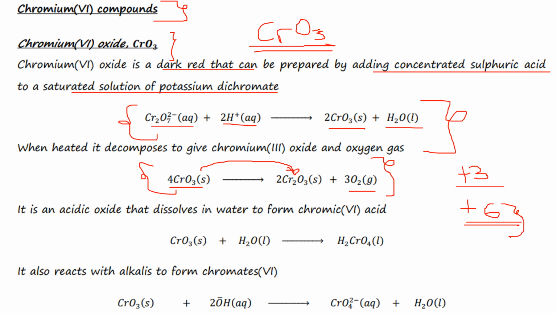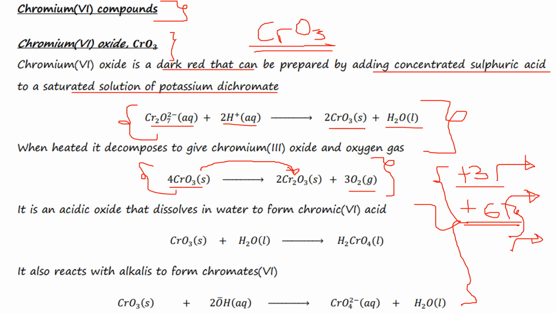So as a student, you must know which oxide of chromium is acidic, which one is basic, and which one is amphoteric. The one in the plus 3 oxidation state is amphoteric. The one in the plus 6 oxidation state is acidic, and the one in the plus 7 oxidation state is basic. You have to understand that properly, and that's why I made these notes as brief as possible for you to digest each and everything that was presented here.